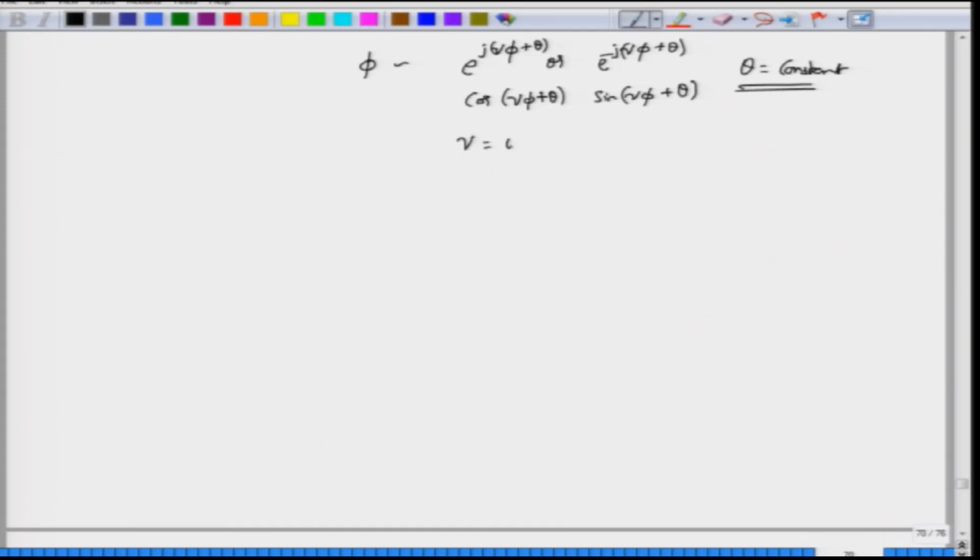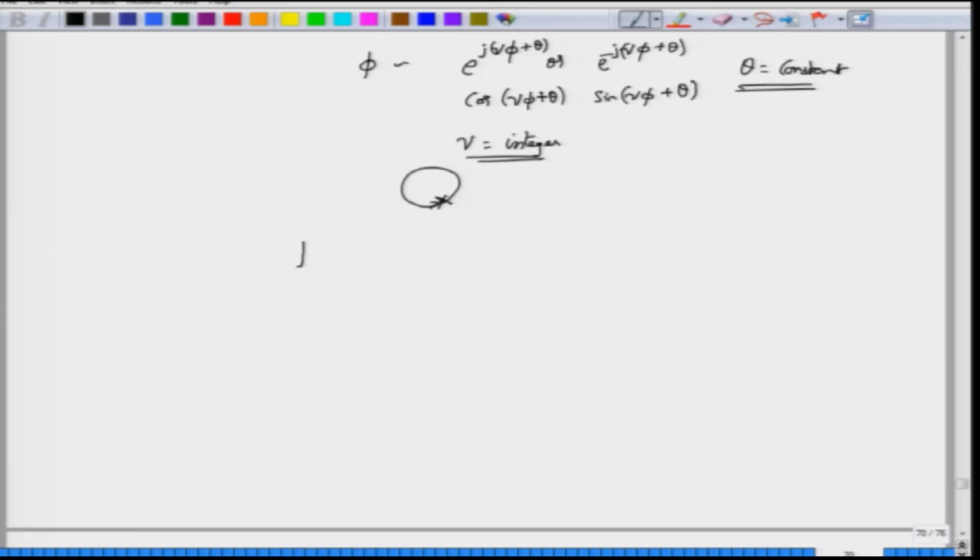And nu is an integer here for us, because when you perform one rotation, your field values should remain the same. You have come back to the same point, you do not want the field value to suddenly change there. So, that is why we take nu to be an integer.